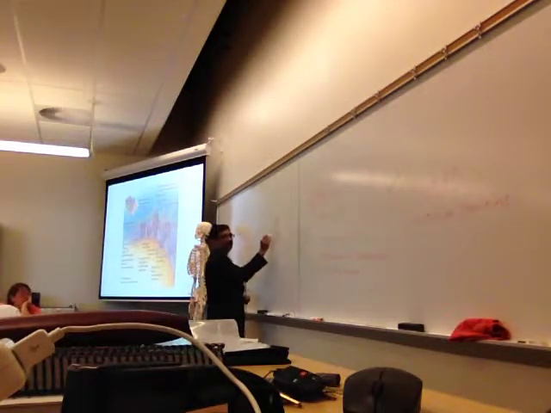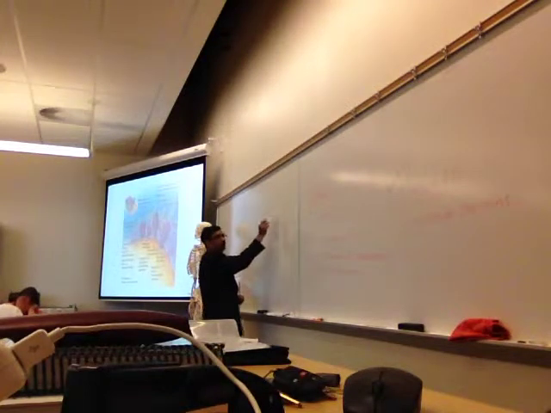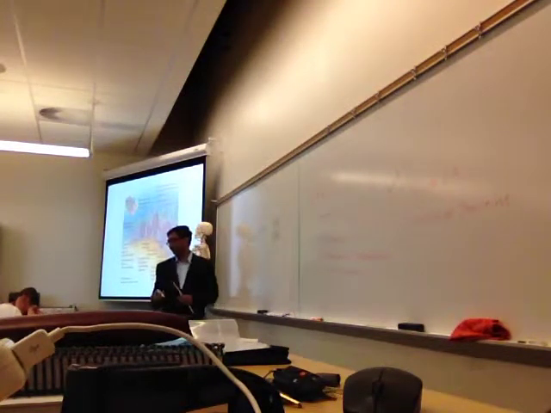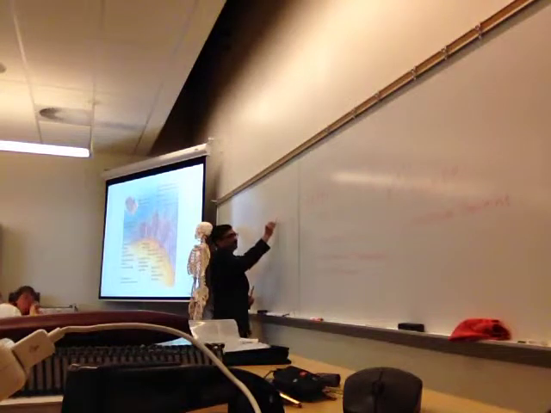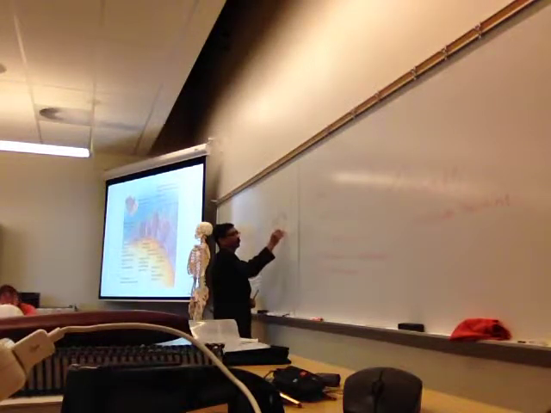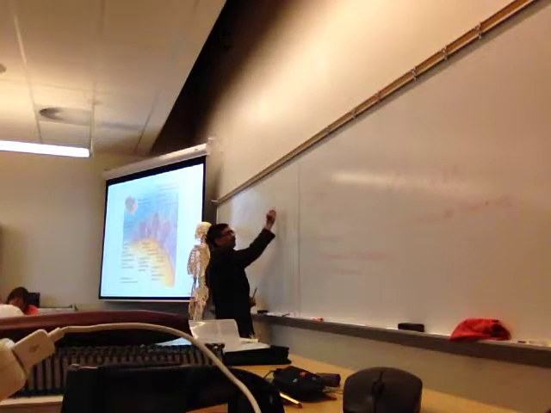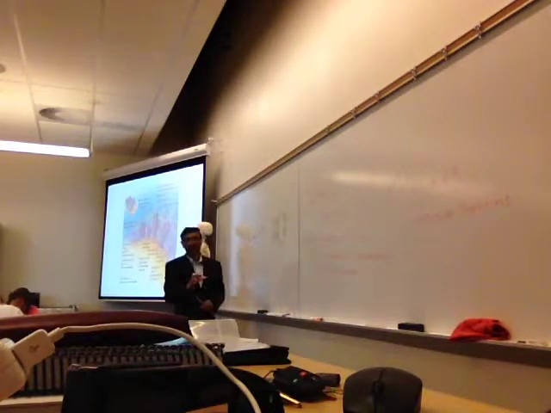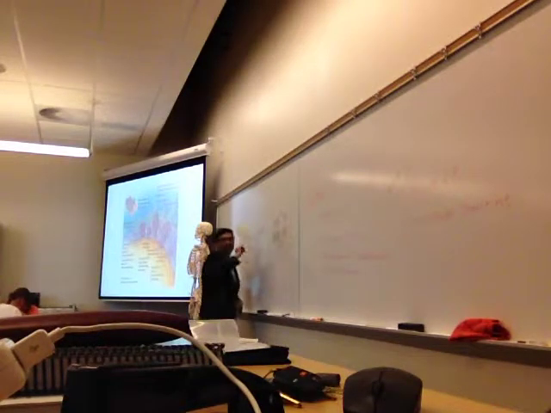So one layer, another layer, two layers, phospholipid bilayer. And this is the integral protein. Then again, we have the phospholipid bilayer like this. And this is the peripheral protein. This is integral. This is peripheral. This is phospholipid bilayer.